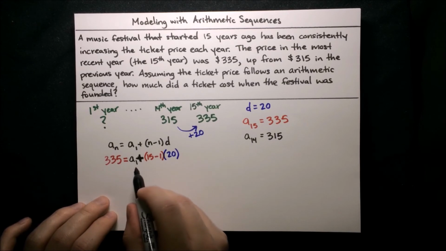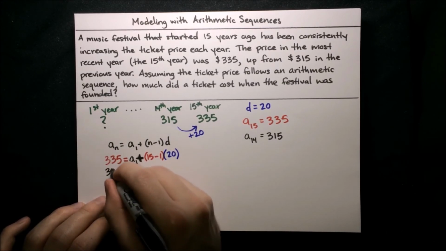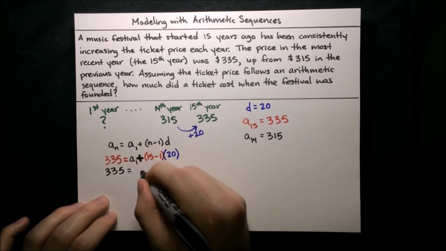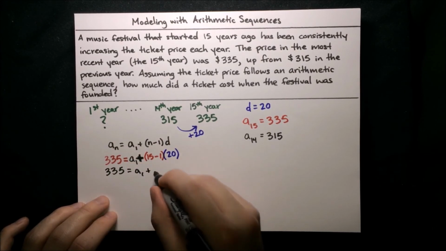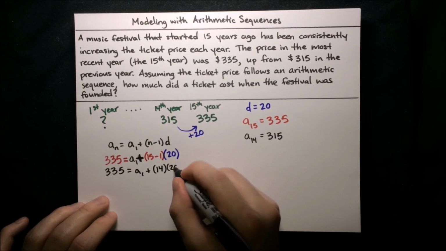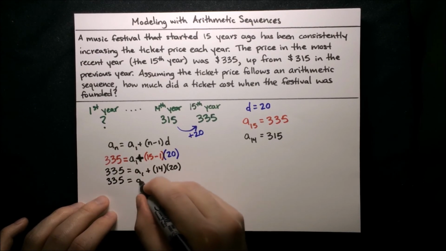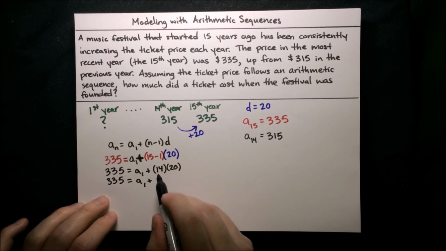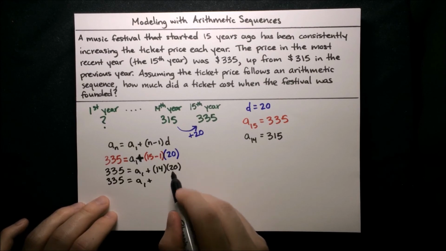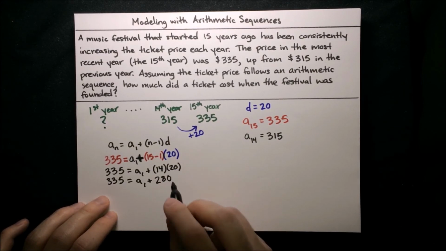Okay, so now we're solving for a1. Let's go ahead and simplify this equation. So 335 is equal to a1 plus 15 minus 1 is 14, and then 14 times 20. So 335 equals a1 plus 14 times 20, well 14 times 2 is 28, and then just put a 0 on because we're multiplying by 10 for 20.